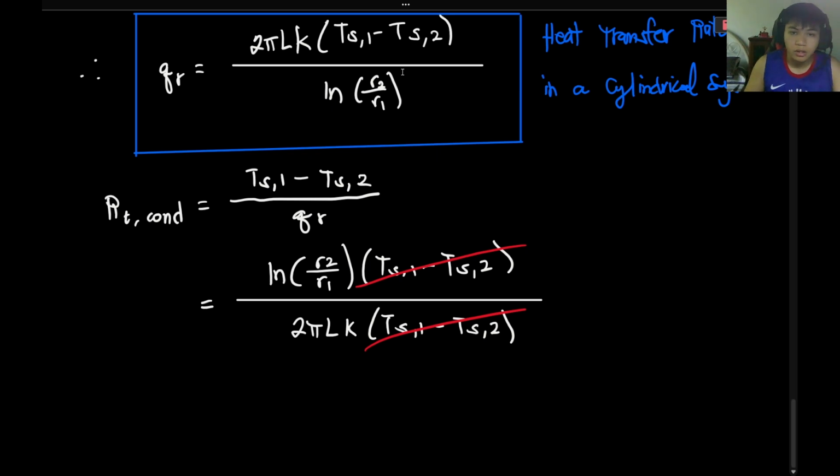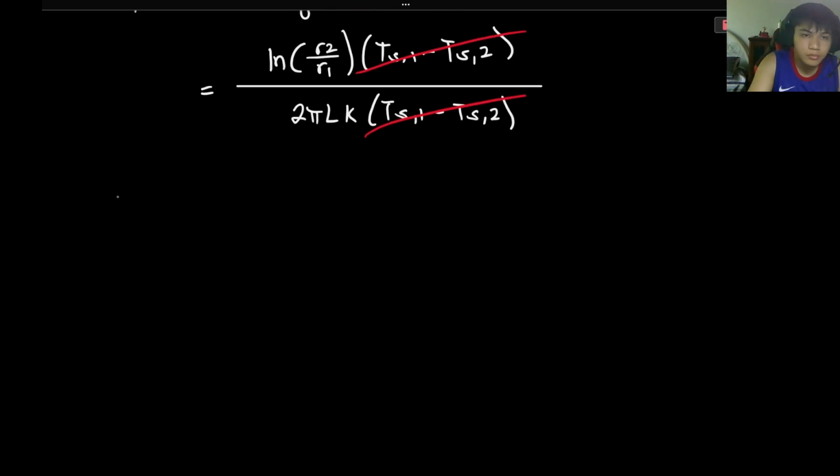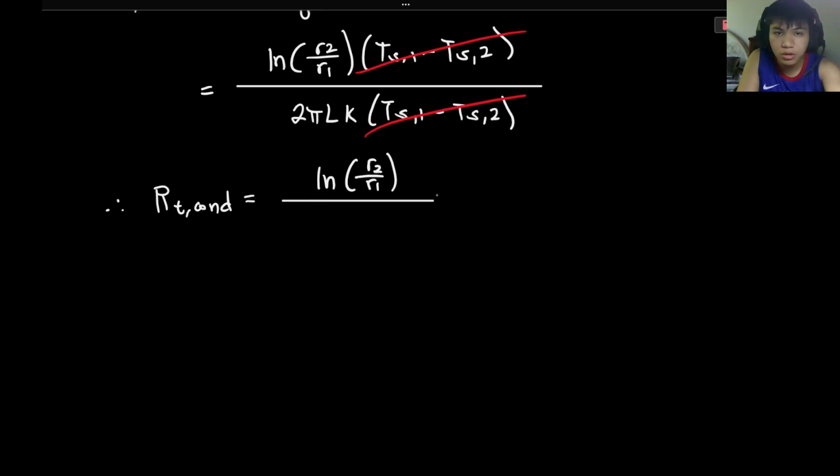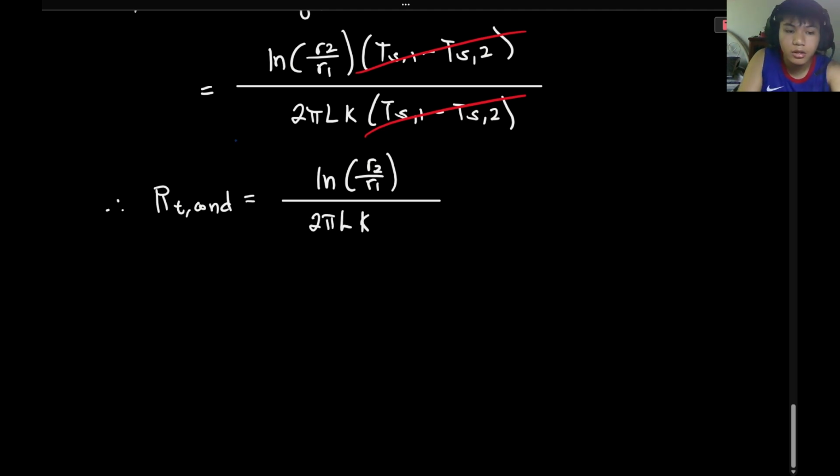Therefore, our thermal resistance in a cylindrical system is defined by the ln of the radii r2 over r1 all over the product of the circumferential area and the thermal conductivity, 2 pi L k.